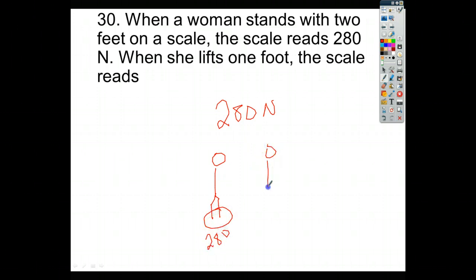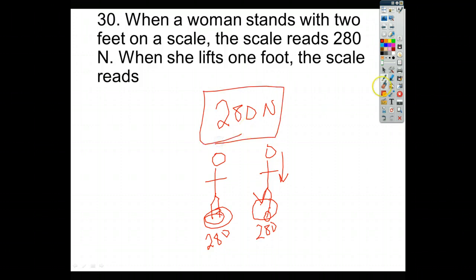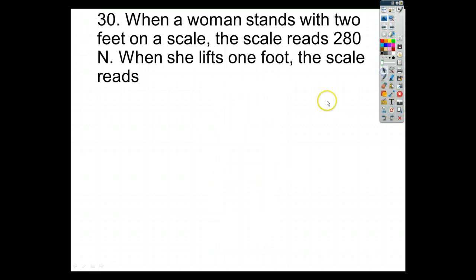If she stands on the scale, we better give her some arms here, and this time she does it with 1 foot up and the other foot on the scale itself, she'll still read 280, because all of that force is still pushing down. The pressure will be higher on this foot than it would have been on these two, but the scale will read 280 newtons. It will not change.